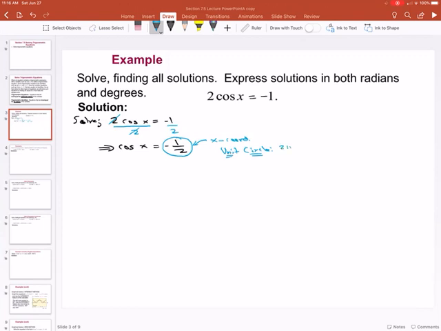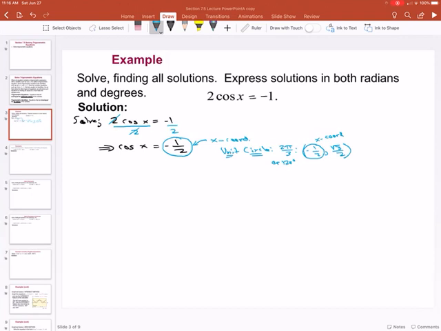So let's write that down. And if you need to refer back to the unit circle, you can. So 2 pi/3 or 120 degrees, we have an ordered pair that reads -1/2, square root of 3/2. And there's that x-coordinate, the x-coordinate is -1/2.